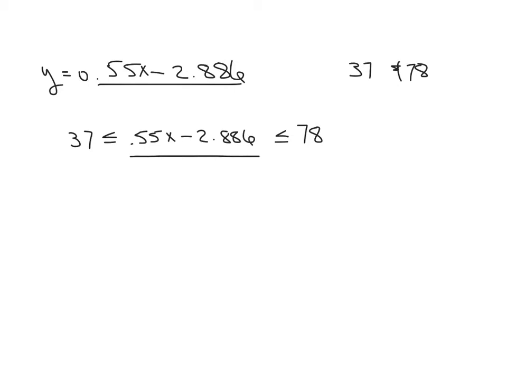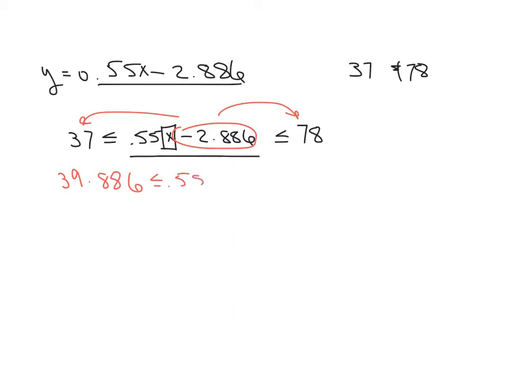Okay, all right, so then again, we are just trying to get the x all by itself, so we're going to add 2.886 to this side and to this side, giving us 39.886 here. Nothing was done to the 0.55x, and we're going to add it to the 78.